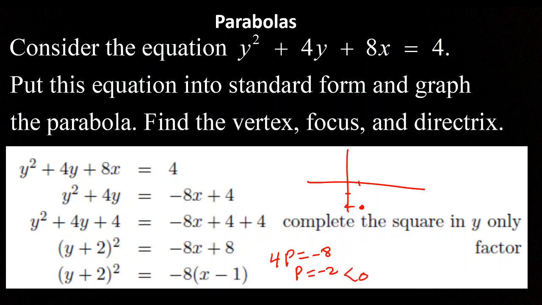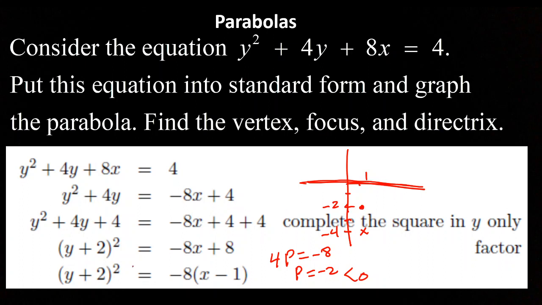So the focus is this way. Remember, this is the vertex, so you have to go down 2 units. Negative 2 minus 2 is negative 4. So the focus is going to be at (1, negative 4). And the directrix would be 2 units above the vertex. The directrix is actually the x-axis itself, right? Because you go 2 units above negative 2, you get that.